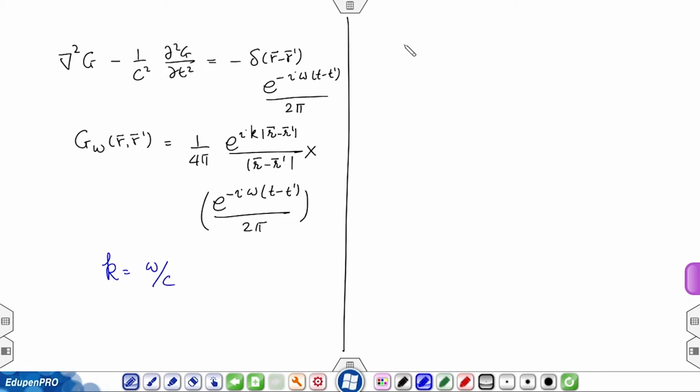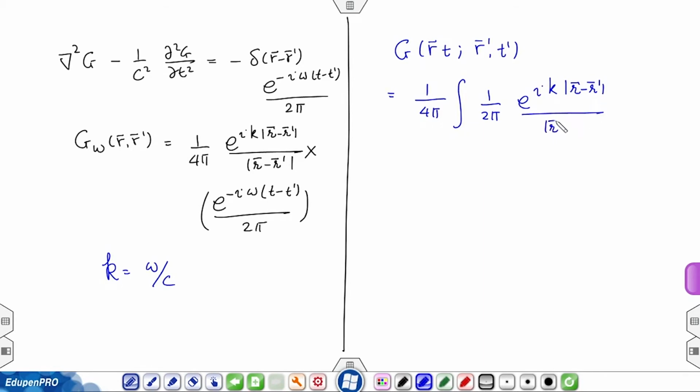So, my general g r t r prime t prime is equal to 1 over 4 pi integration 1 over 2 pi e raised to I k modulus r minus r prime over r minus r prime e raised to minus I omega t minus t prime d omega, which I can write as 1 over 4 pi.